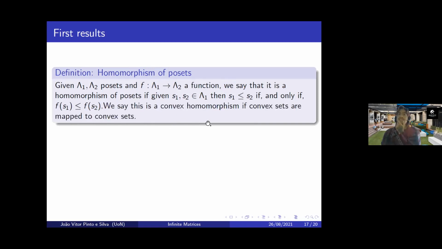Another definition that will be important is that we say this is a convex homomorphism if convex sets are mapped to convex sets. So why do we want convex homomorphisms? Because, for example, we have the integers. We can define this function on the integers: we send n to n.